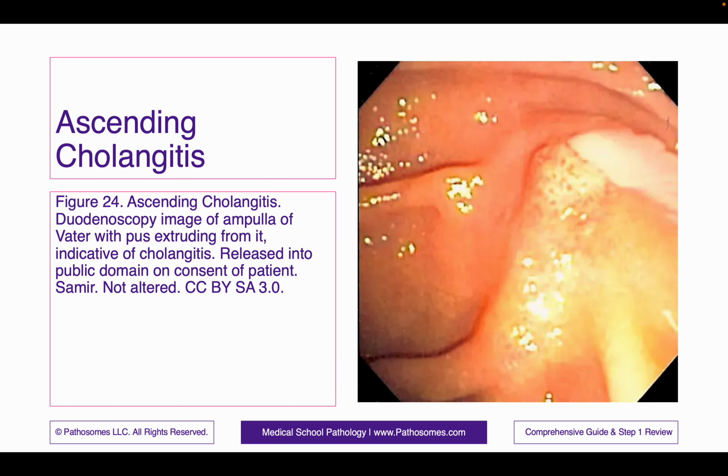And here we can actually see that. All you future gastroenterologists, you'll be seeing a lot of this. Here we have a duodenoscopy image of the ampulla of Vater with pus extruding from it, indicative of cholangitis.